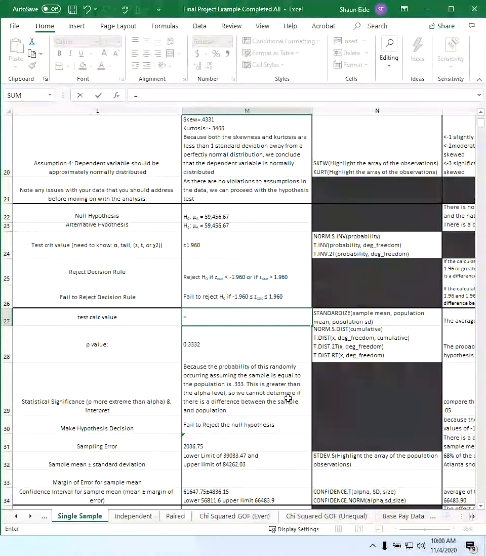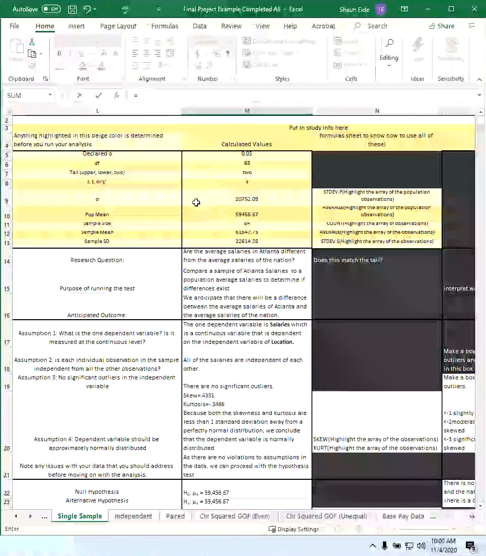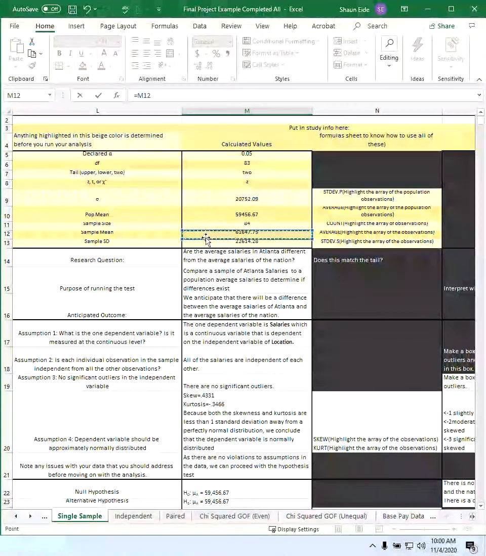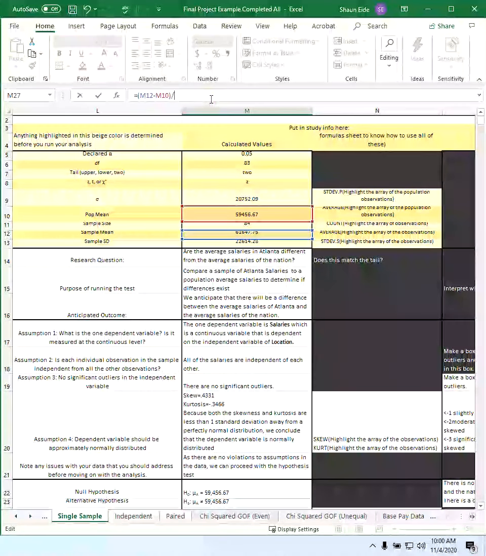The sampling error equals the sample mean minus the population mean, and then we divide it by the standard error.